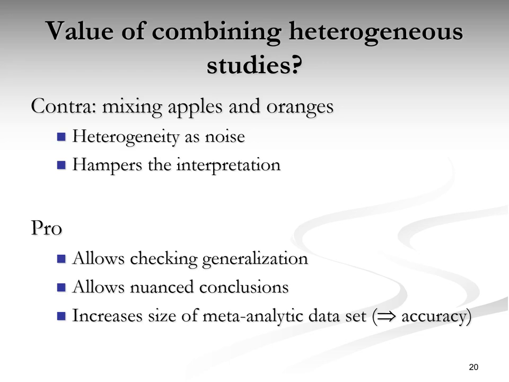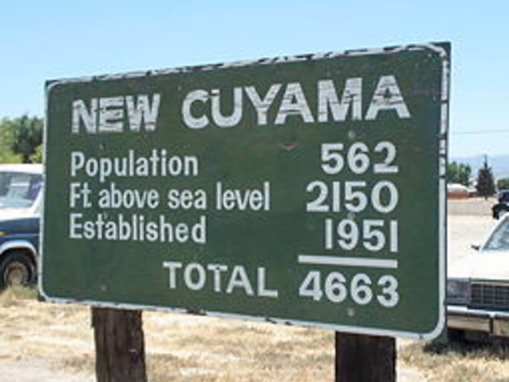By increasing the number of effect sizes in our meta-analysis, we can increase the accuracy, or the precision, of our mean estimate. At the same time, we can increase the statistical power in doing statistical tests. So there are several advantages of combining even heterogeneous study results.